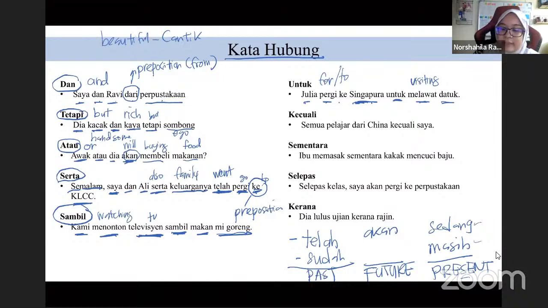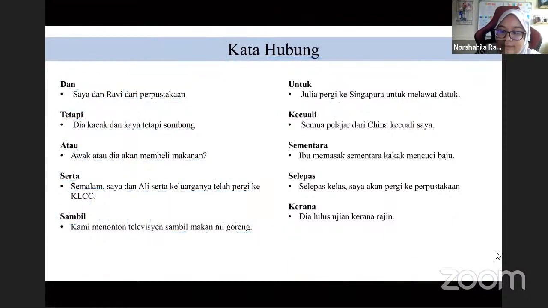Okay, kecuali. Kecuali means except. Kecuali, you will see or you will find a lot in your exam later on, in your MCQ. So if the word kecuali is there, it means you need to find an exception.